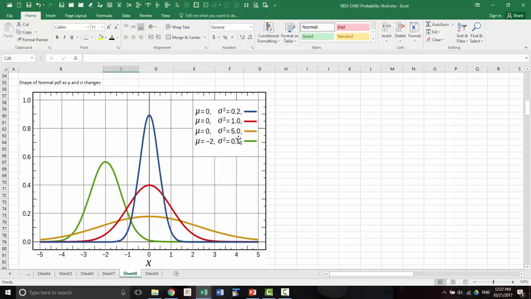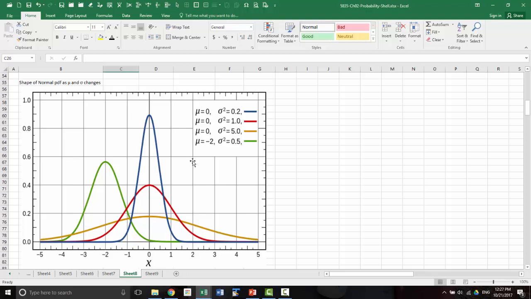For example, here if you see sigma squared is 5, it is really flat and covers a lot of area. And sigma of 1 is your red line. So the standard deviation directly indicates how flat or how peaked the normal distribution will be.